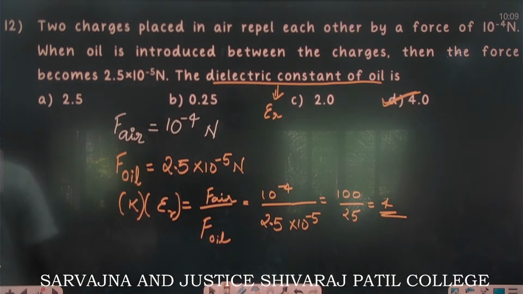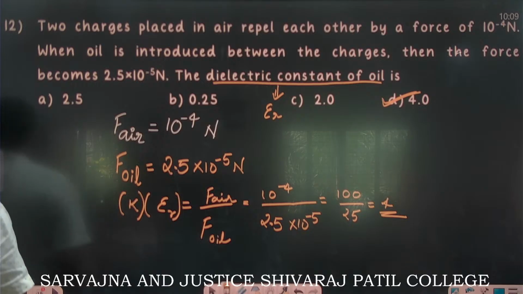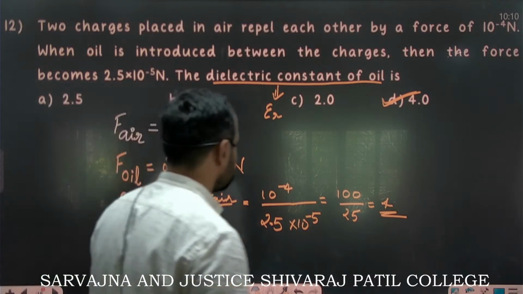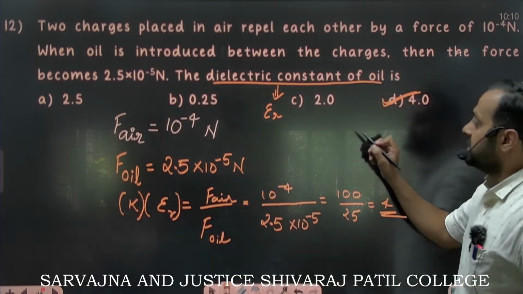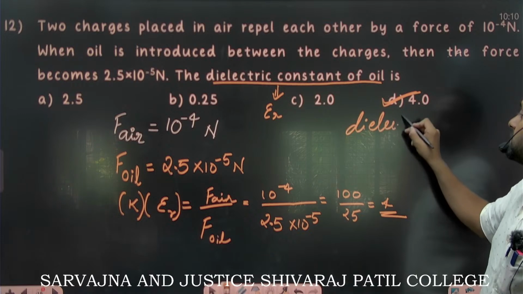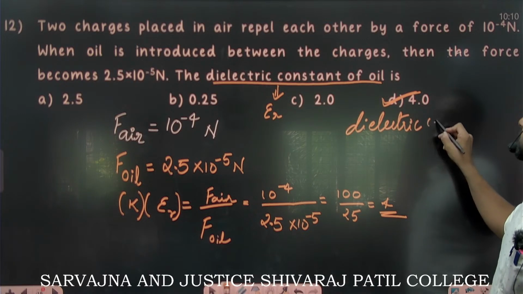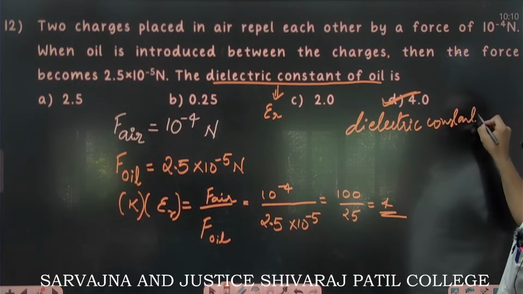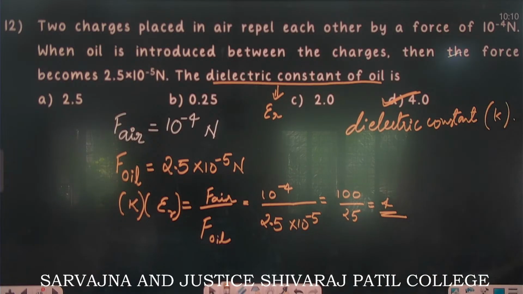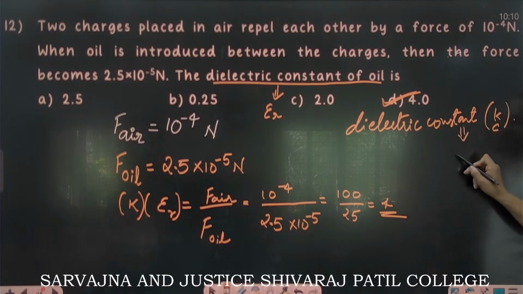Yes. Is this fine? Dielectric constant. Some books also use the symbol K for dielectric constant, or they might also use C. But remember the dielectric constant is nothing but relative permittivity.